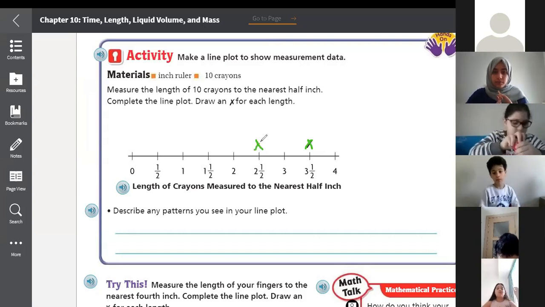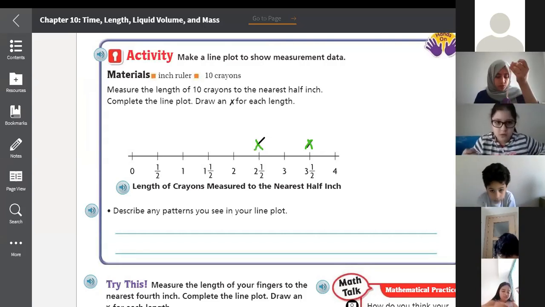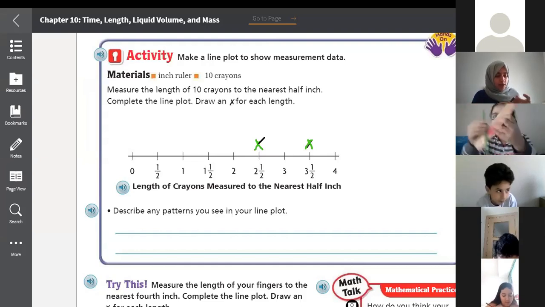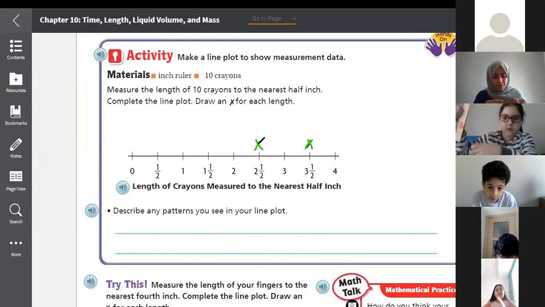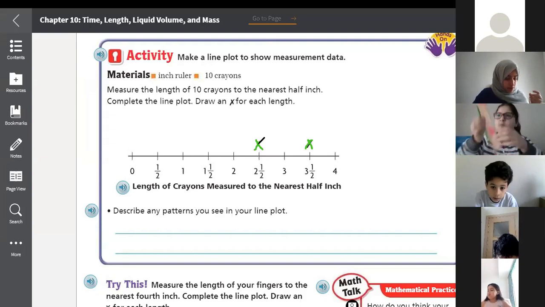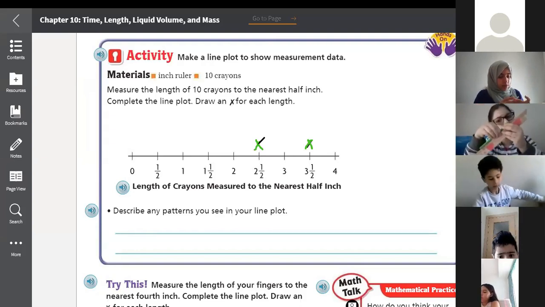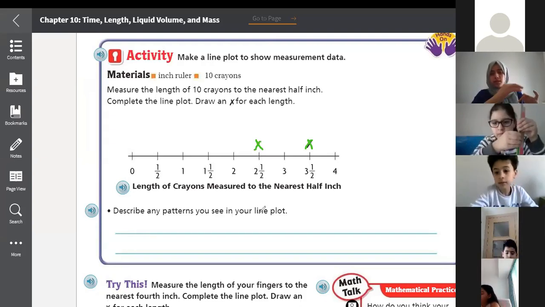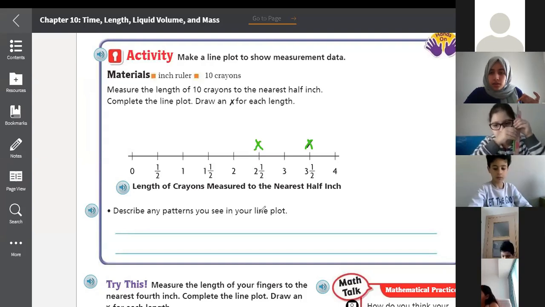Okay. The next one I'm going to do, I want someone to try to look at it and read it to me. Let me use one with a different length. Who here can?